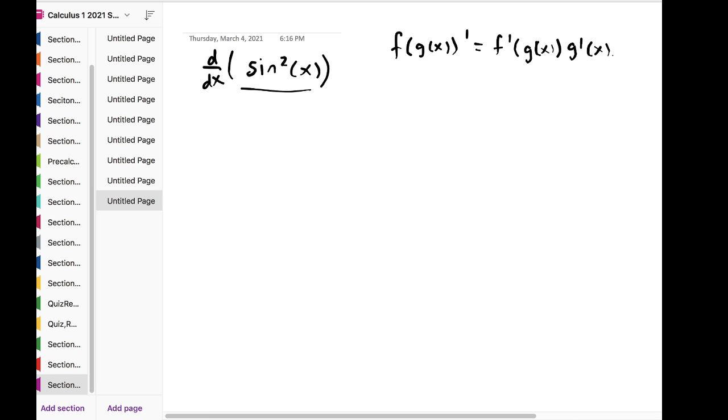First of all, what are the two functions? What is the function that you plug in, and what are you plugging into? It's harder to see for something like this. Any ideas?